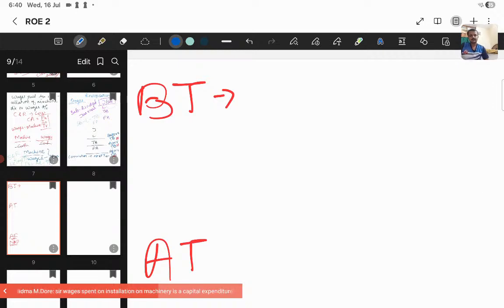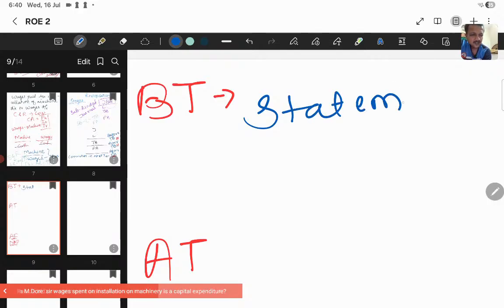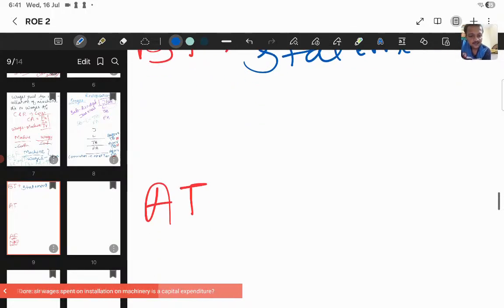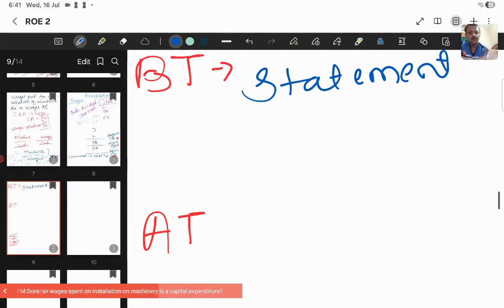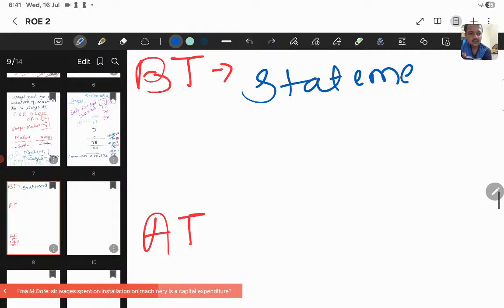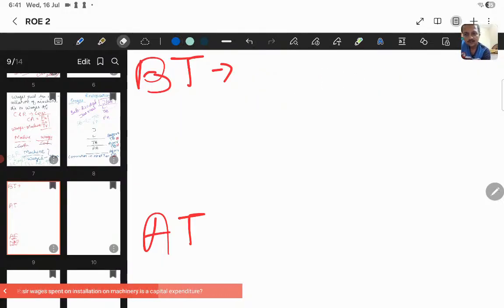First, if it is before trial balance, correct it with statement. Correct it with statement. If it is after trial balance, now what I will do, just let me make it very clear. Again I divide.